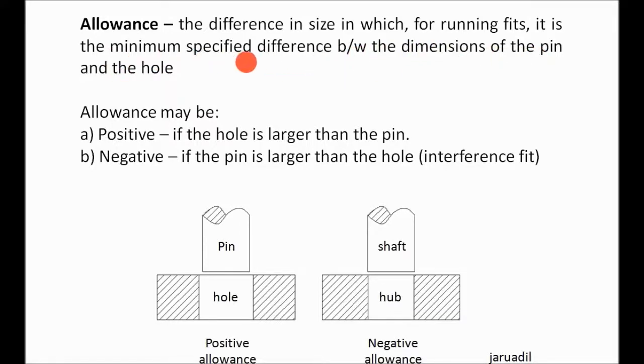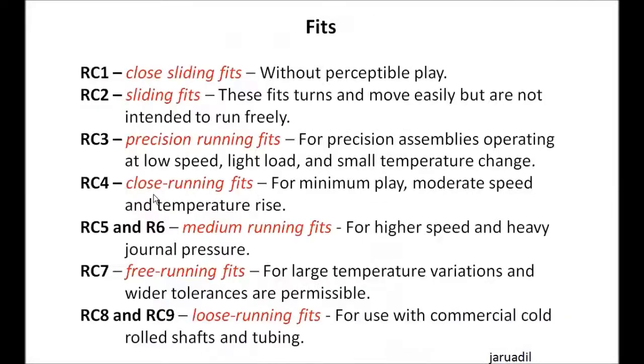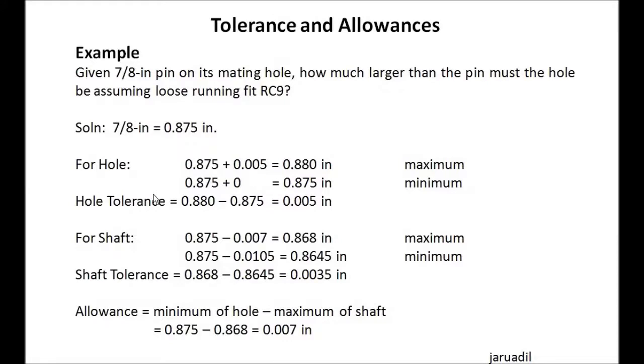Tingnan nyo, minimum specified difference. Kaya ganun ang naging solution dyan dito sa problem. So ito na minimum. Otherwise, kung gagamitin mong ibang dimension, makakakuha ka ng more than 0.007 na difference, which is not the minimum. The minimum is 0.007 inch.